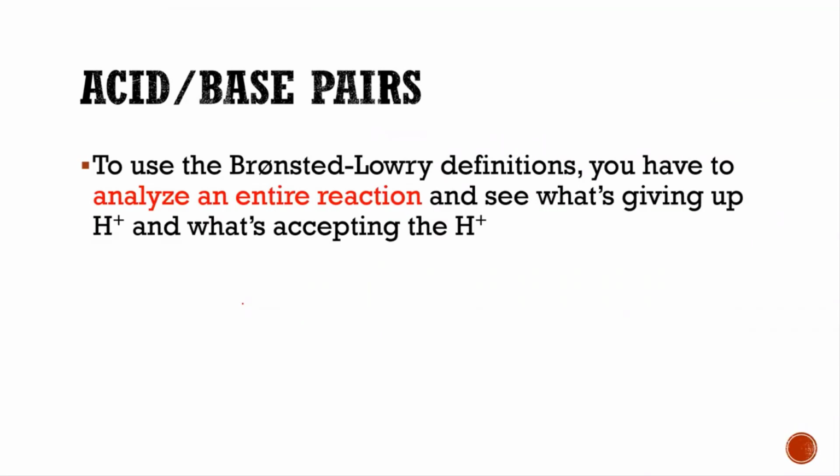The other thing that's trickier is with the Bronsted-Lowry definition, you can't just look at the reactants. Like in the Arrhenius definition, we could look at the reactants and easily identify acids and bases. With Bronsted-Lowry, you have to look at the entire reaction to notice who is giving up the proton and who's going to accept it to identify which one's the acid and the base. So it's a little bit trickier for sure.